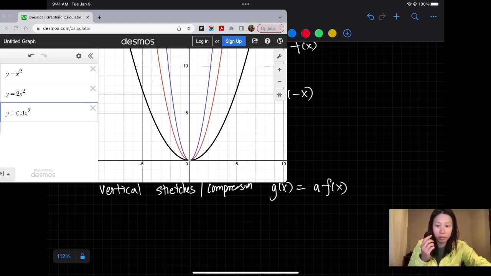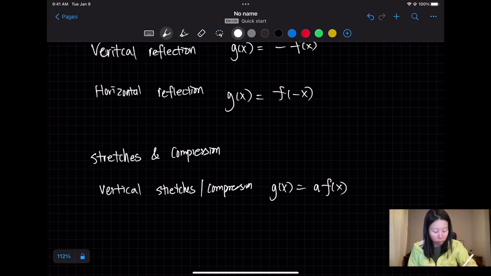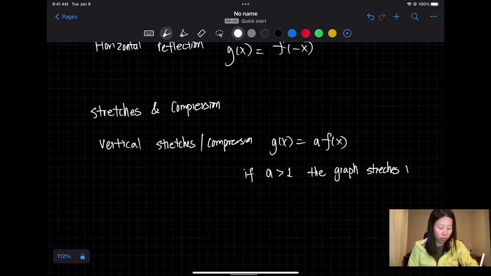All right. So now we have a conclusion. If A is greater than 1, then the graph stretches vertically.